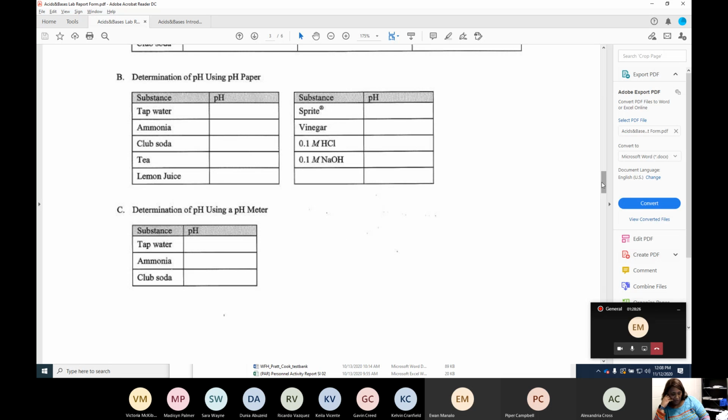I would think club soda and tea would be more of a range. Did you observe that same thing? What color did your club soda turn the pH paper? And then what about the tea? Were those both acidic?